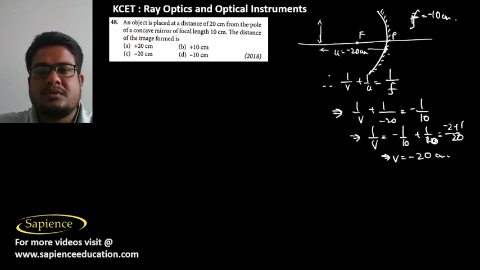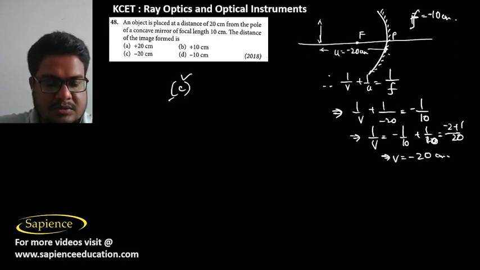Therefore, the image is also formed at a distance of 20 centimeters, so v is also minus 20. Option E is the correct answer.